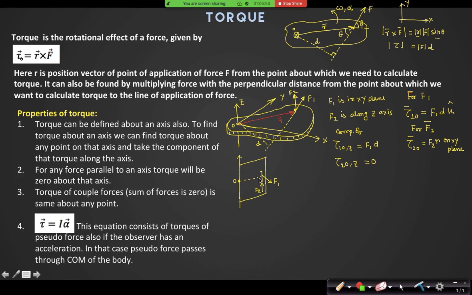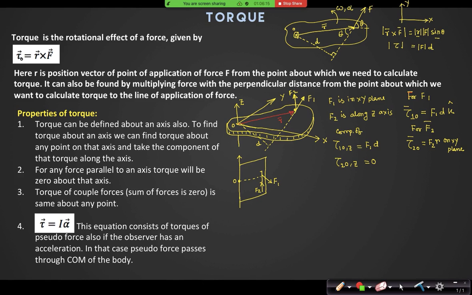But the torque about O of the force F2 will always be perpendicular to this axis, so it will have no effect on the rotation of the body. So it will not cause any sort of rotation.